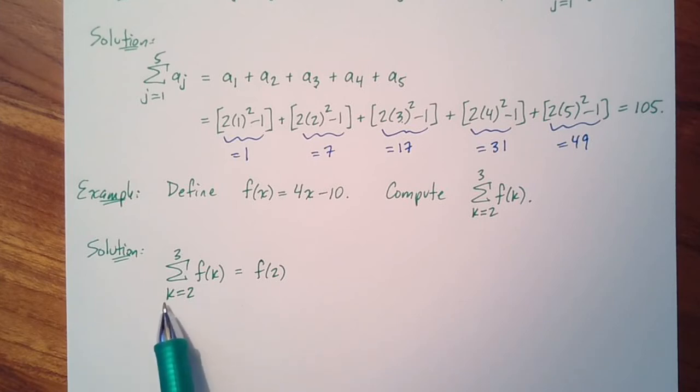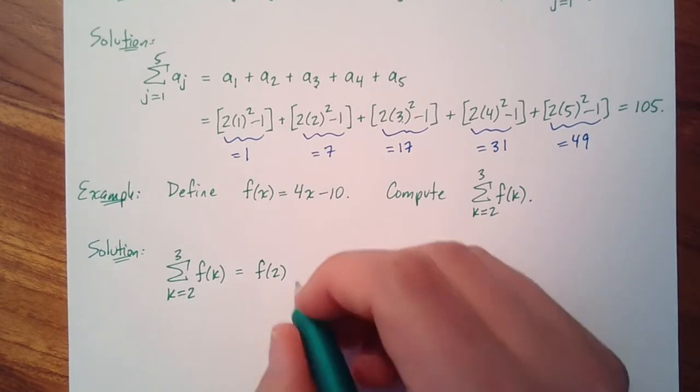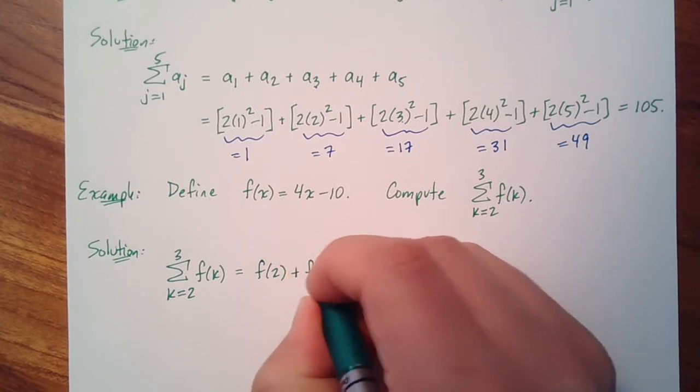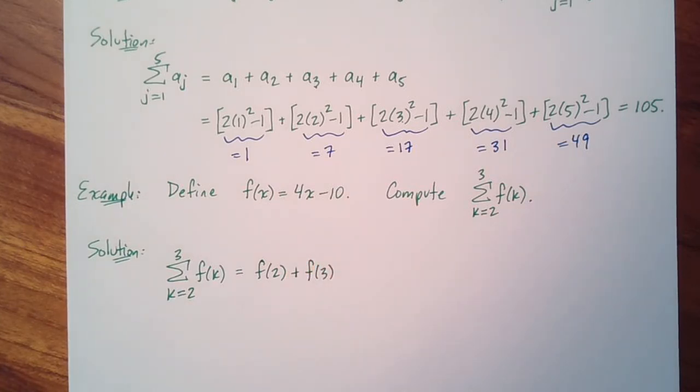Now you go back to your index and you increment it by 1. And that's going to take you up to k equals 3. The next term is going to be f of 3. Now I don't go f of 4, f of 5, f of 6. I don't just keep on going because 3 is the last value of the index that I should consider, right? So that's how I know to stop here.